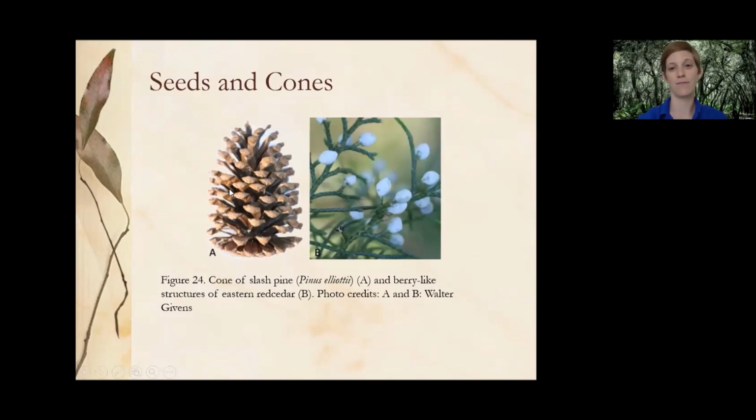And so we have things like cones and these berry-like structures that are known and seen on the eastern red cedar. So you can take note, pines, the different pine species all have different characteristics of their cones themselves. The red cedar, again, has these distinct berry-like structures. And so if you have these available and in hand, it is helpful.